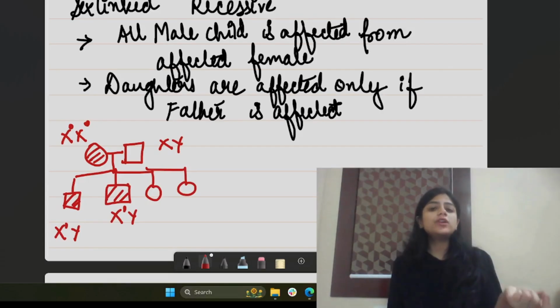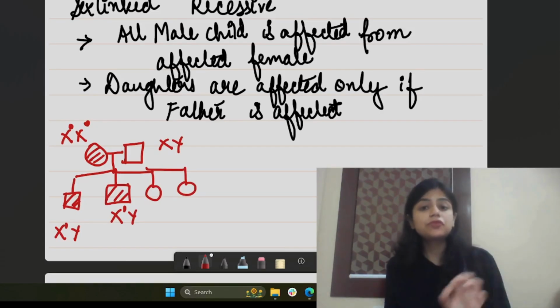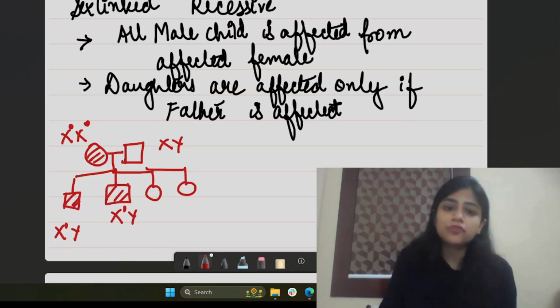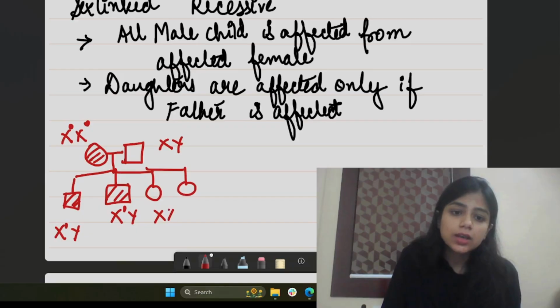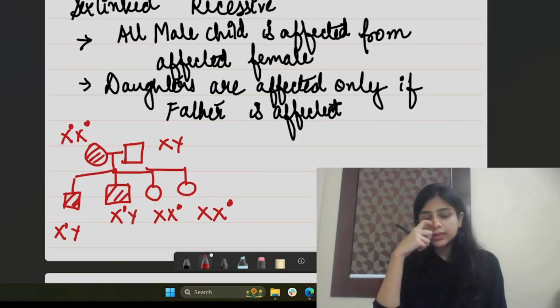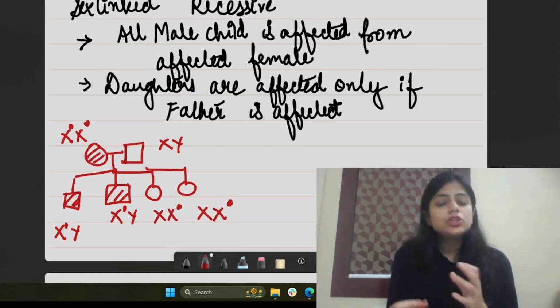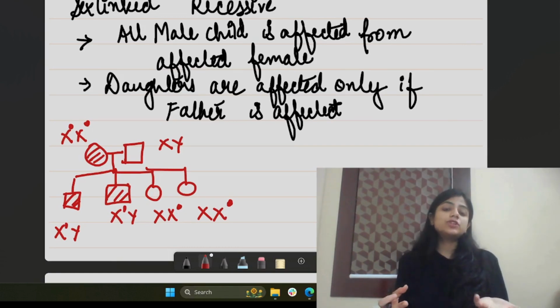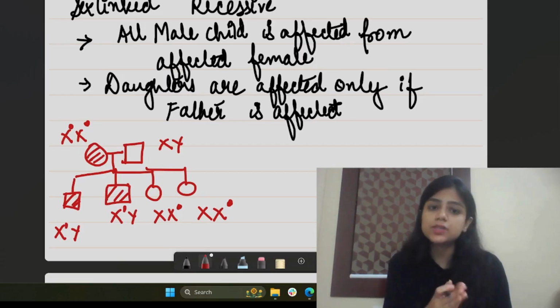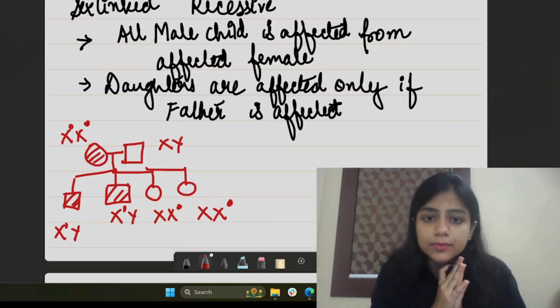If he gets the only X chromosome from the affected female, then all the male children will be affected. However, the female child here can be a carrier. She carries the disease but does not show the symptoms of the disease. That is the reason behind it.